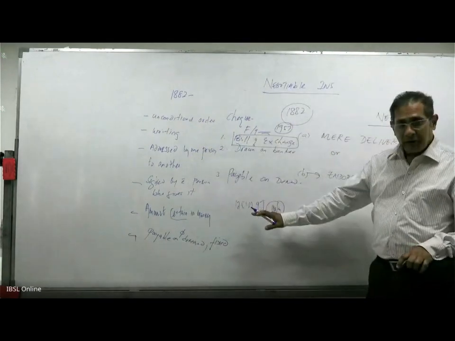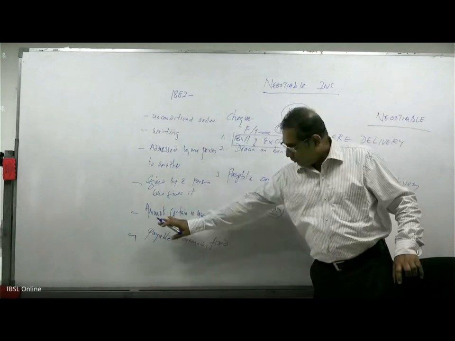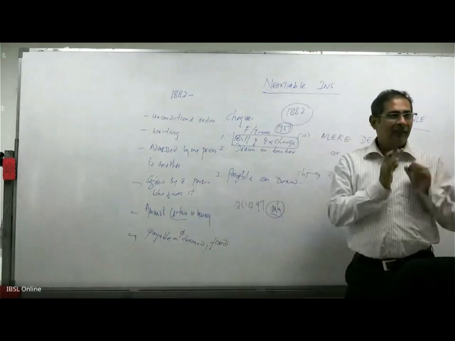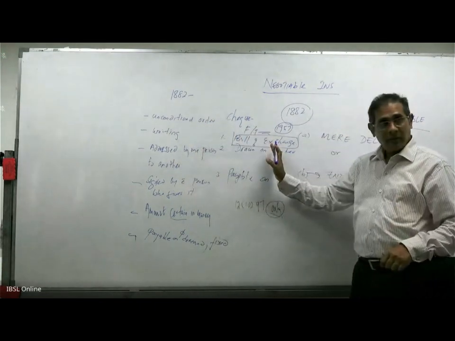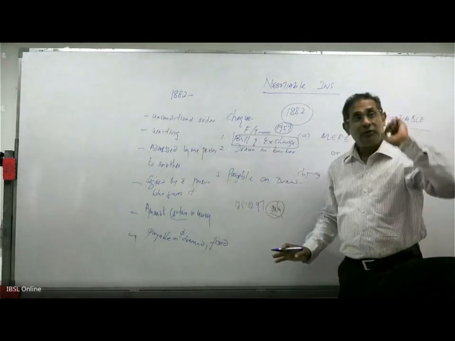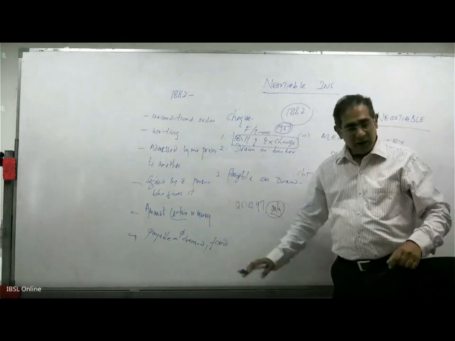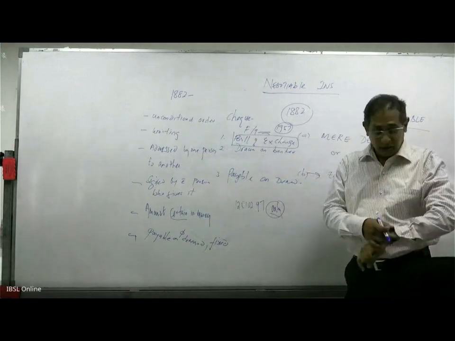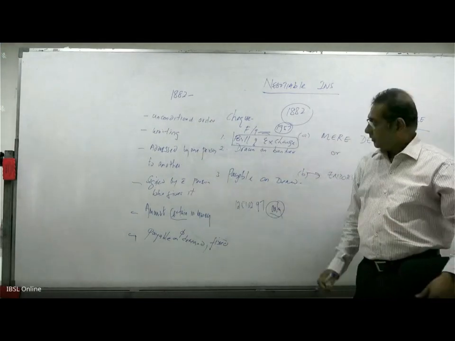A bill of exchange could be written payable on demand. If you write payable on demand, that's the check. But a bill of exchange, unlike a check, can be written for a postponed date as well. It could be a fixed future date. If today is, what is the date today? 12th. Huh? 23rd.